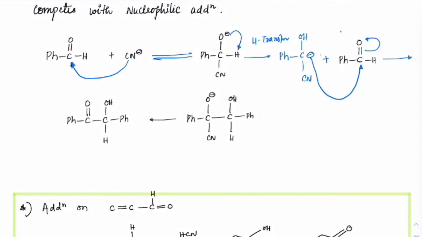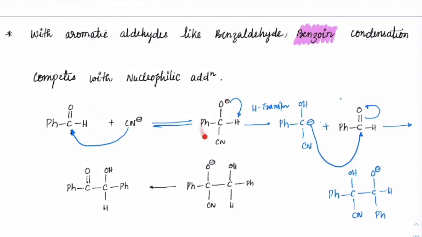That's how we will get this as Ph, COH, CN, CO minus, H and Ph. So these two are competing. One is a nucleophilic addition. The other route is by hydrolysis. Simply we can get cyanohydrin formation, H and CN.